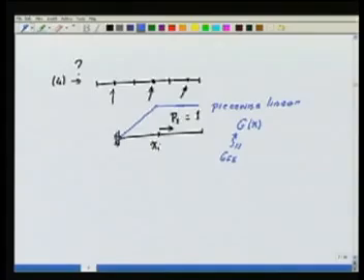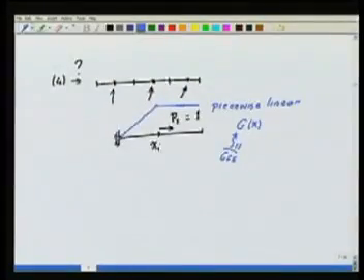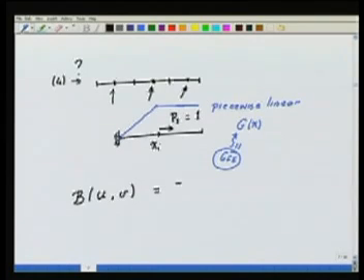So if I took this problem and solved it using the finite element method, the finite element solution would give me exactly the solution to this problem. So let's call it G_FE. From what we had done earlier, we know in terms of the bilinear forms that B(u, v) is equal to F(v).